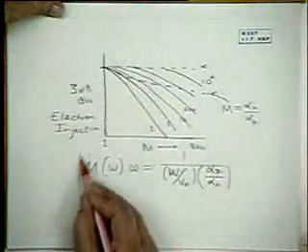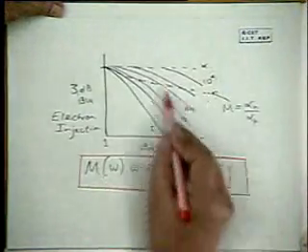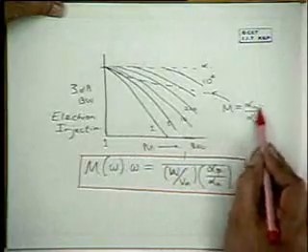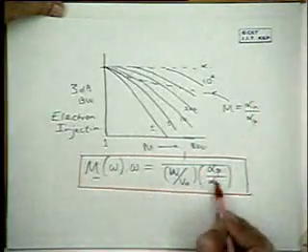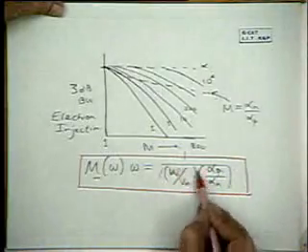So this is a general expression for the condition when m is equal to alpha n by alpha p. This is the gain term, and this is the transit time term.